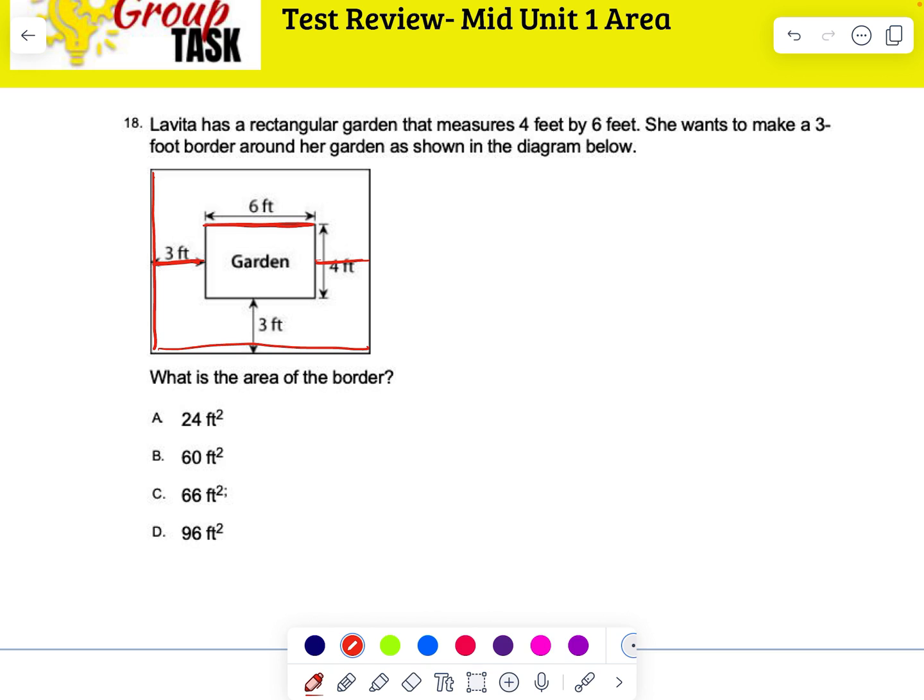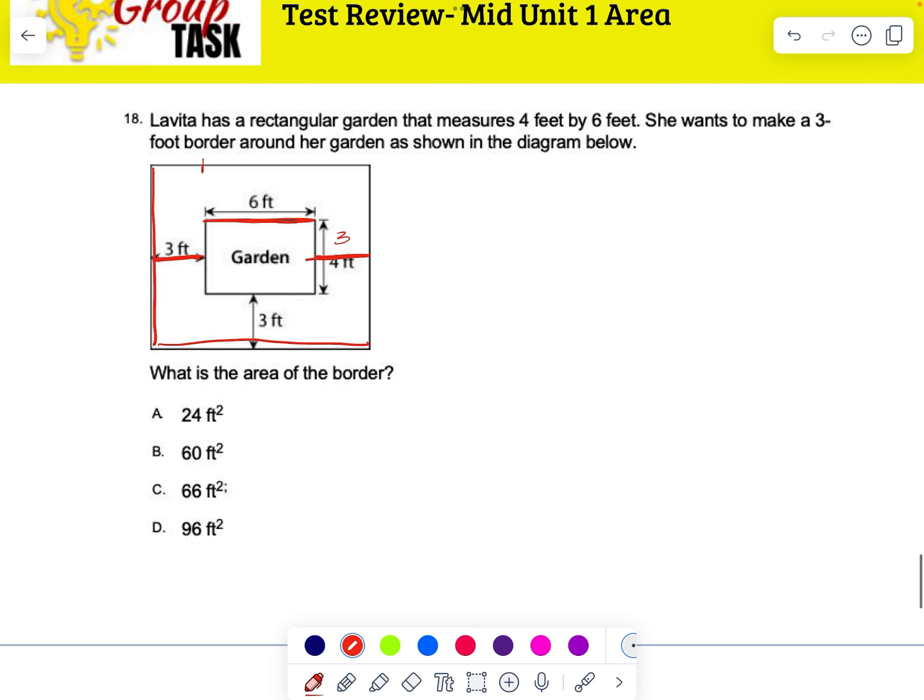So that means from here to here is also 3. So all the way across, if we mark this up, we know this is 3, we know this is 6, and we know this is 3. So let's add those up. 3 plus 6 plus 3 is going to be 12. So I know the whole thing is 12 across.